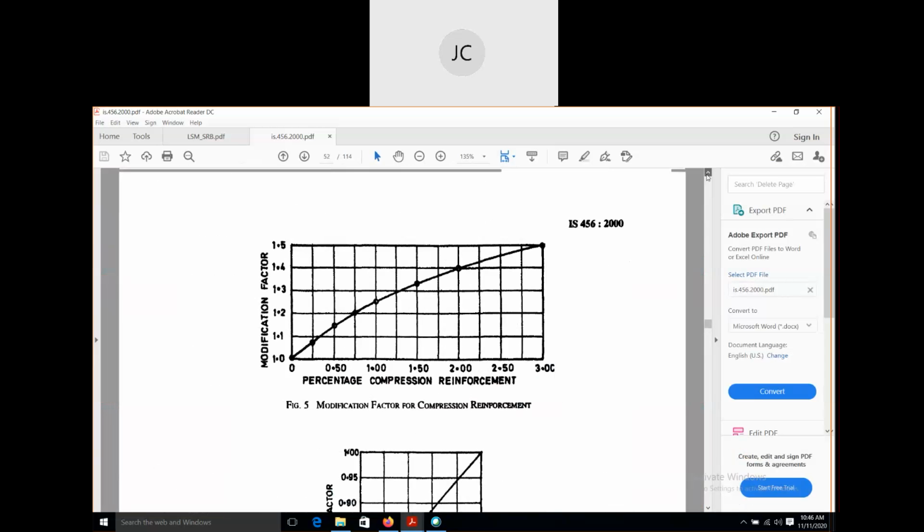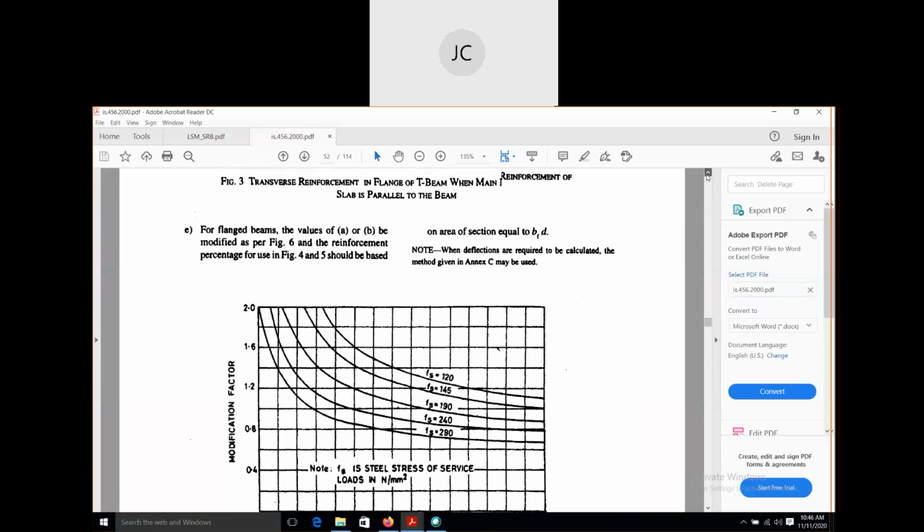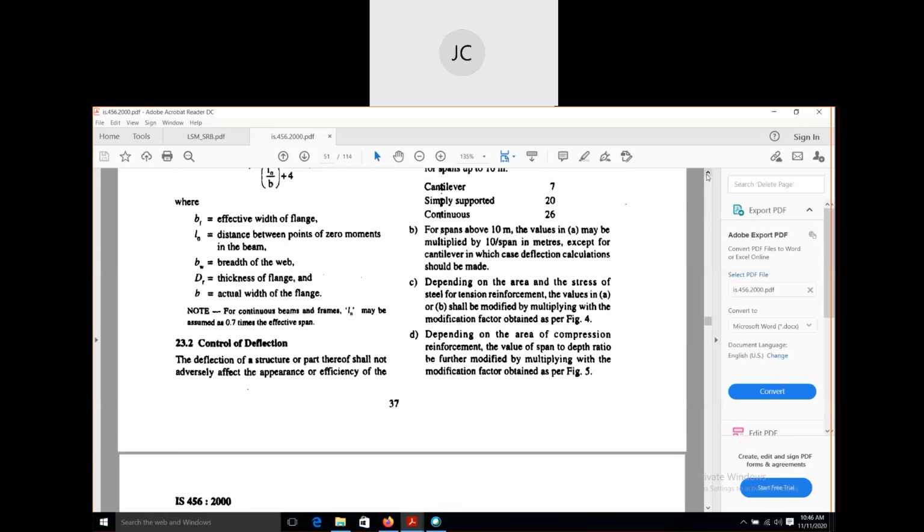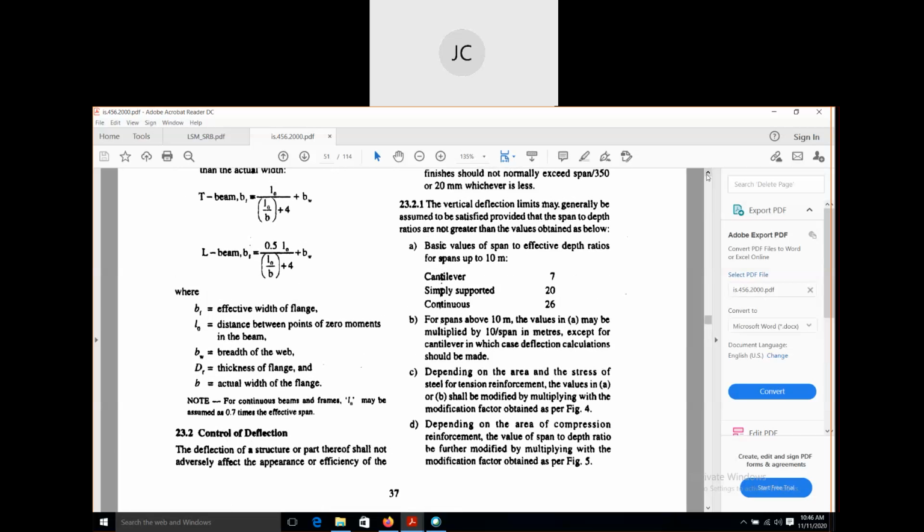Yeah, go to this clause. Clause number 23.2. All of you go to clause number 23.2. Check control of deflection.